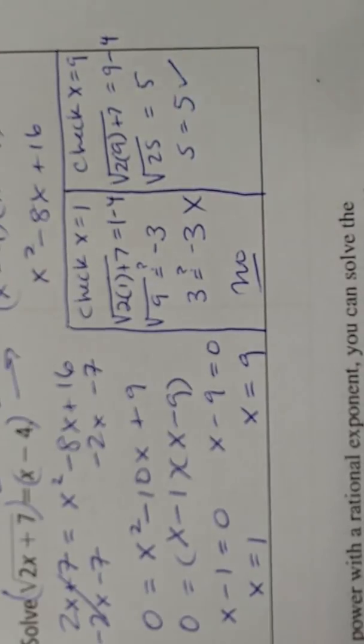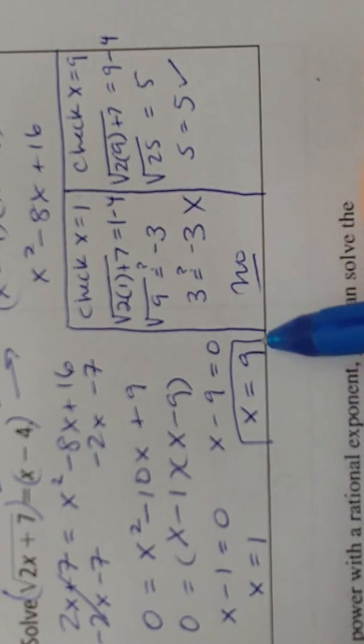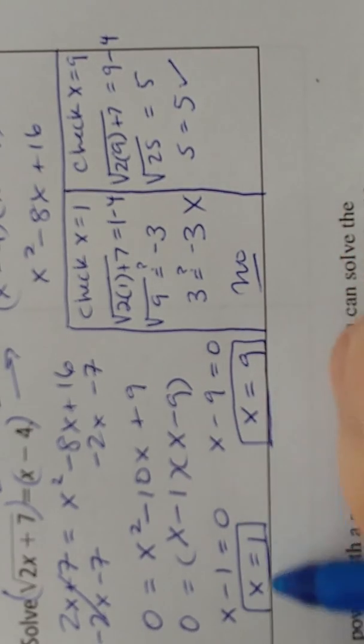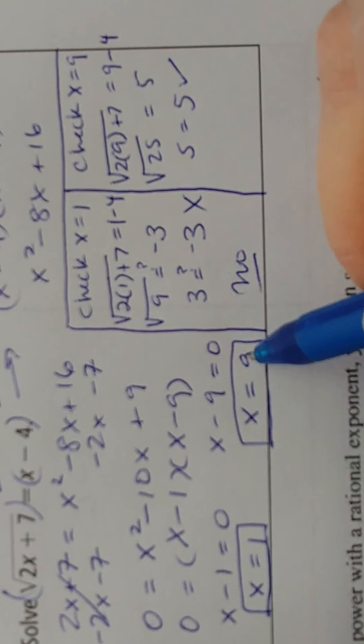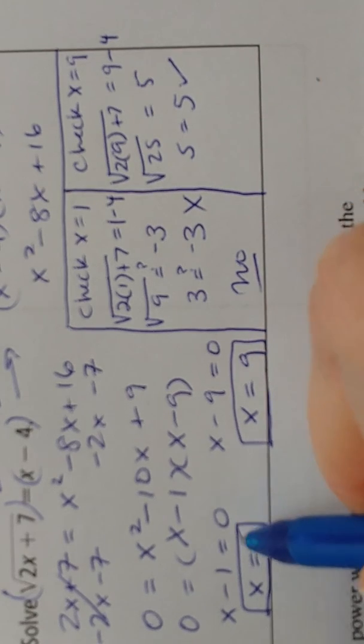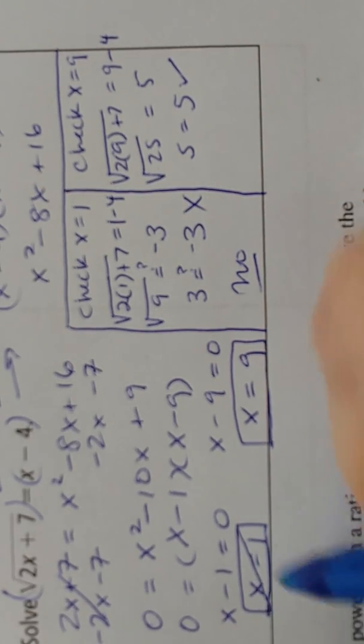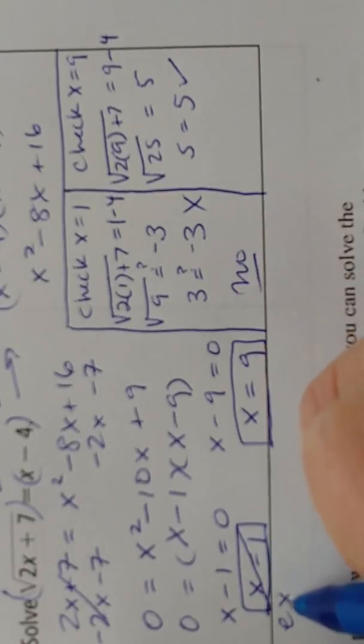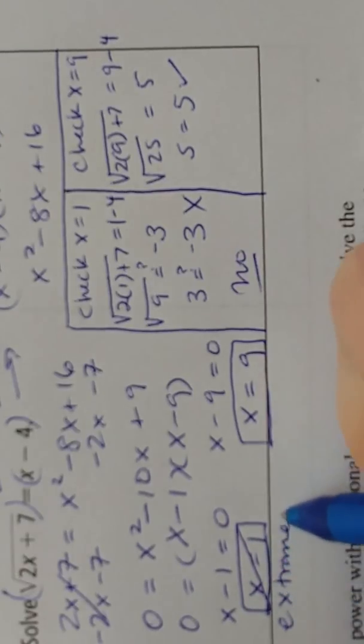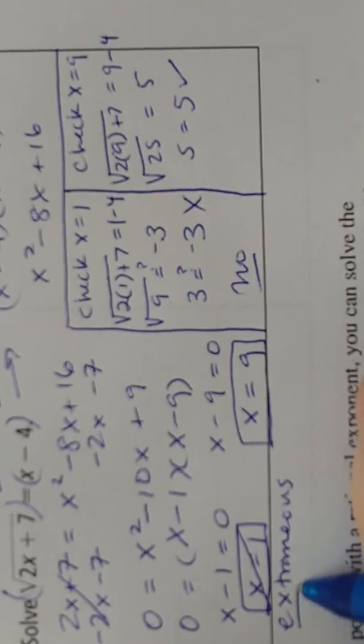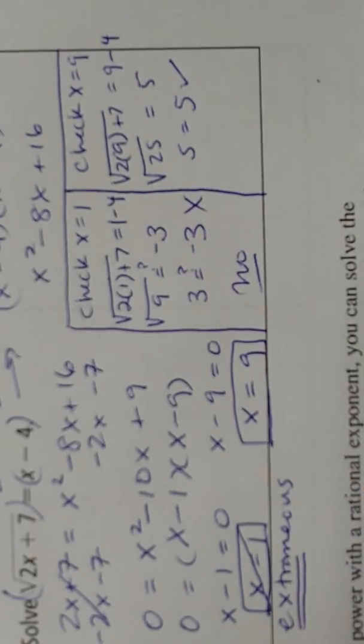So that one does check. So we go back over here to our solutions and say, this one checked, it's good to go. This one did not, so we gently cross it out. I'm not erasing it, I'm just crossing it out, and underneath I'm writing the word extraneous. Think of it like extra: it's an extra solution, but it doesn't actually work.